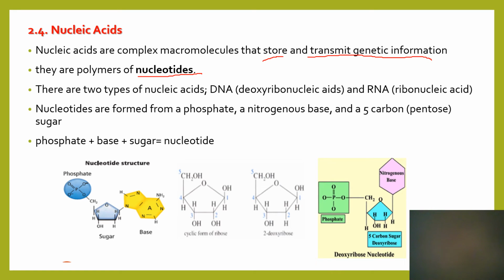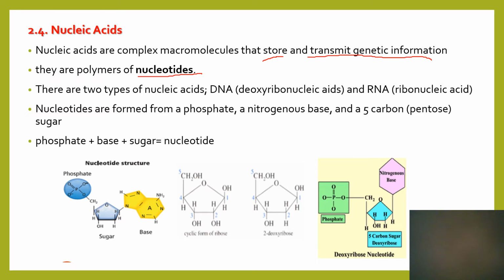Carbohydrates are polymers of monosaccharides. Lipids are polymers of glycerol and fatty acids. Proteins are polymers of amino acids. These nucleic acids are polymers of nucleotides.